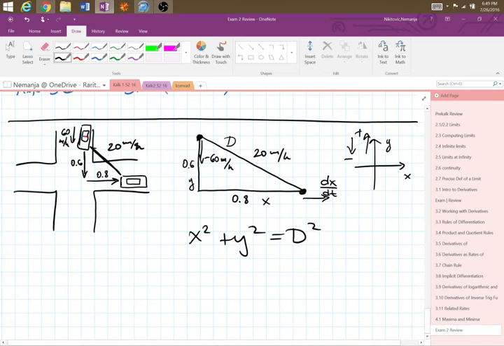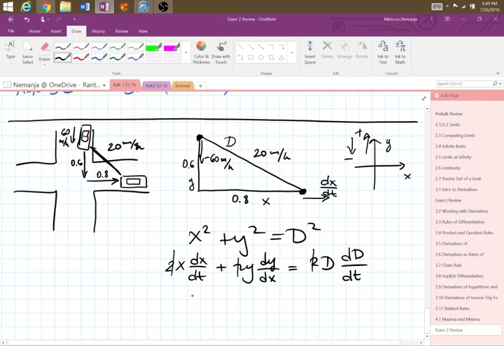You can call it dc for the car, but dx is fine. So now we are differentiating: 2x dx/dt plus 2y dy/dt is equal to 2d dd/dt. All the 2's drop.